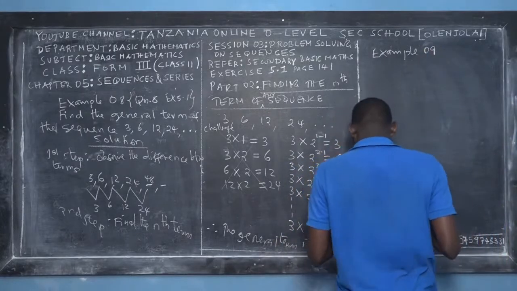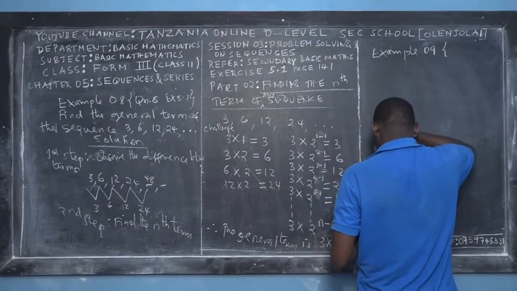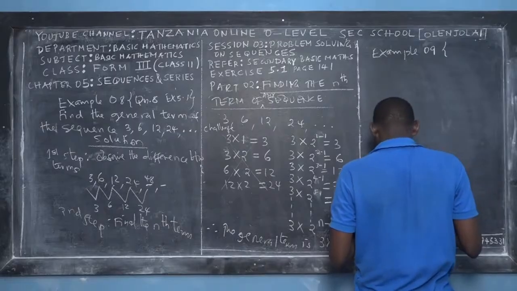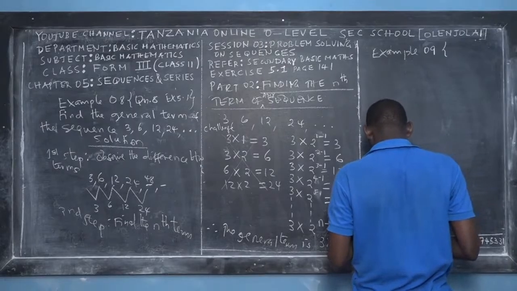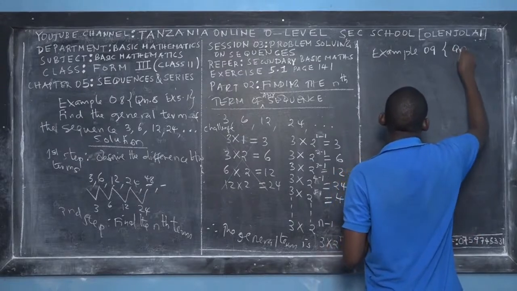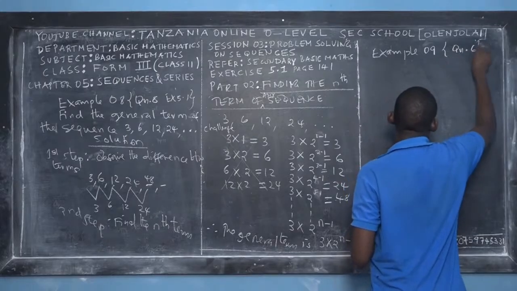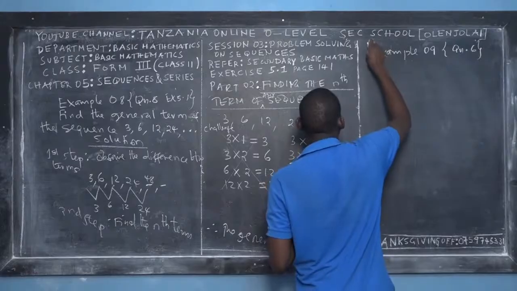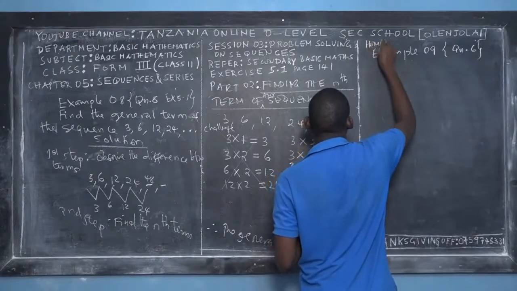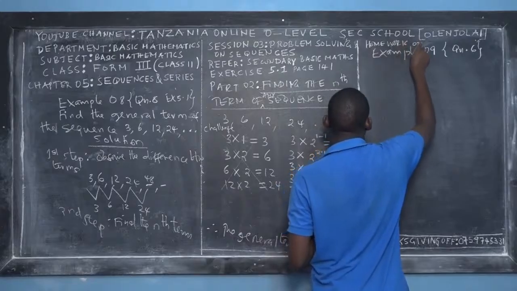Example 9. And this example 9 I took from exercise 4.5.1 of the secondary basic mathematics book 3. So I took it as question number 6. If you have the book, you can check question number 6. That's where I took it from. So this will be homework 3B.